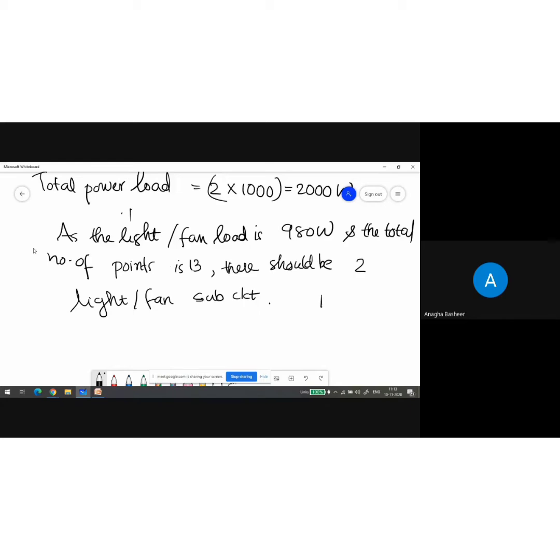Here we know the limit is 10 points and 800 watts. So here it is 13 points as well as 980 watts. So we have to use 2 subcircuits.